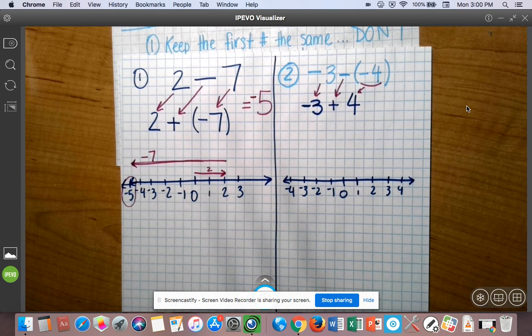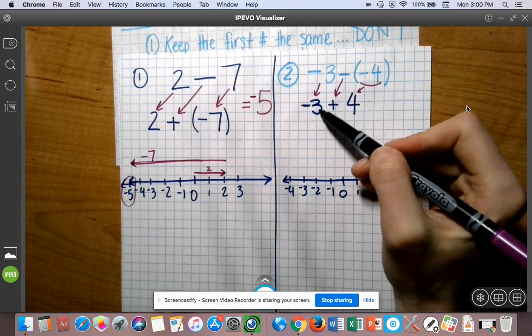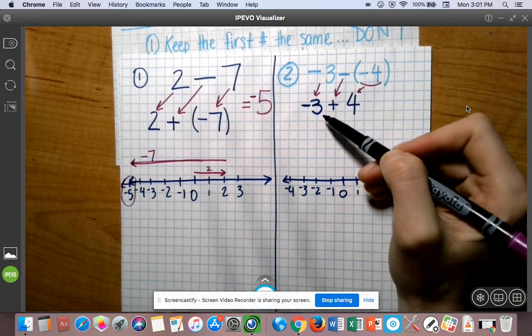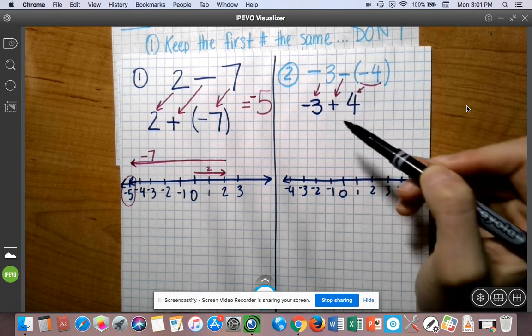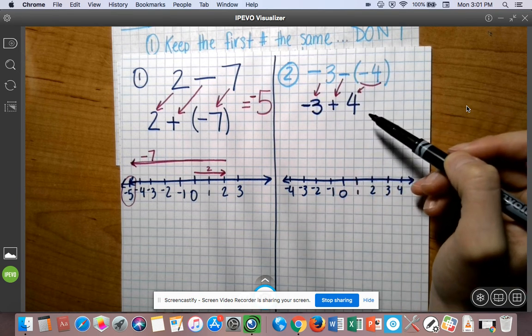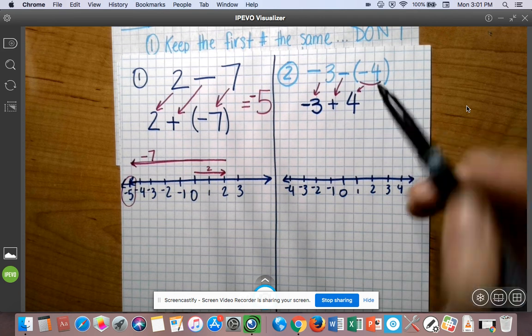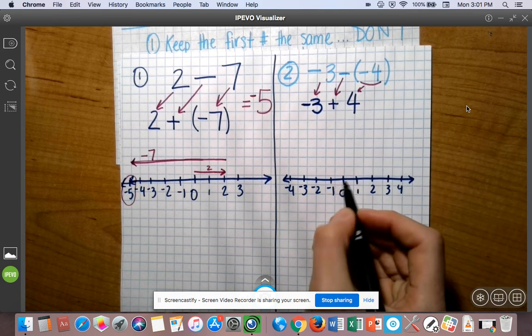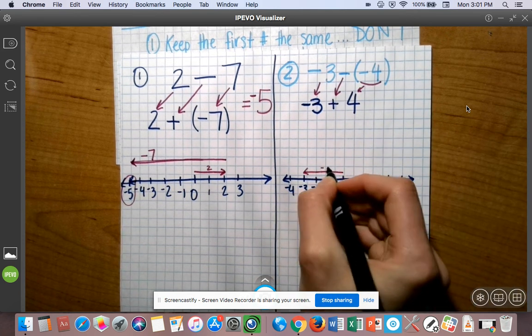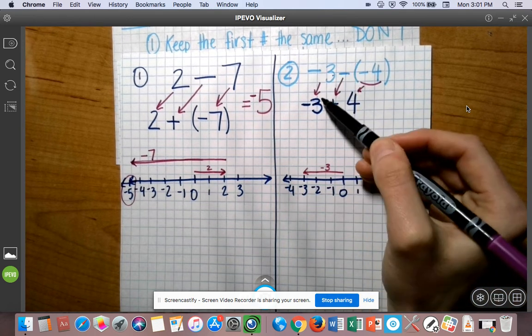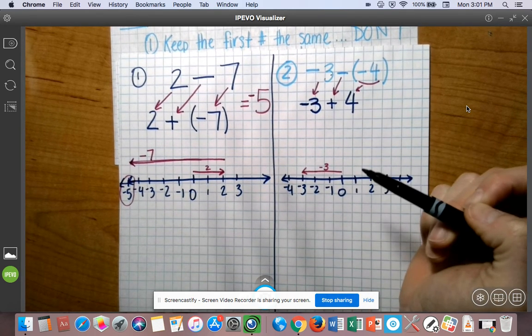So again, whether I'm doing this subtraction or this addition mean the same exact thing. Remember, these two expressions, these two problems are exactly the same thing. They're just written different. They just look a little bit different. So we're starting out at -3. So from 0, I'm drawing an arrow to -3. Here and here, both -3.